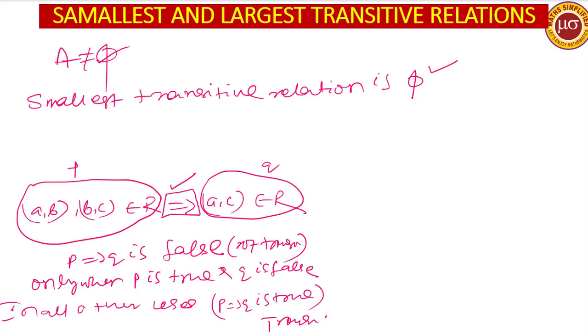Here in this case P is false. Why? There is nothing in phi, so where would (a,b) and (b,c) come from? So P is false. We accept it is transitive. Therefore, the smallest possible transitive relation is phi. And what is the largest transitive relation on A? It is nothing but A cross A. I think you got the idea.